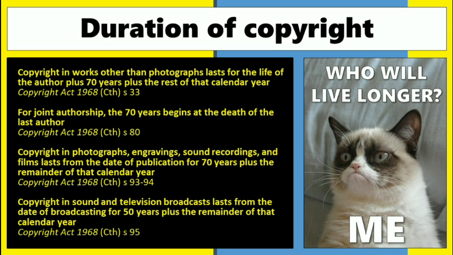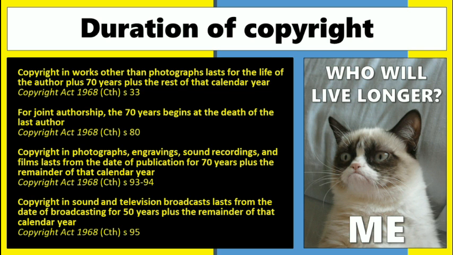Now, the rule at the moment in Australia is that copyright is keyed to the lives of natural people, the authors. And the length of that copyright will exist for the life of the author plus 70 years.